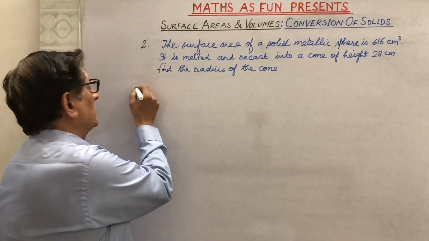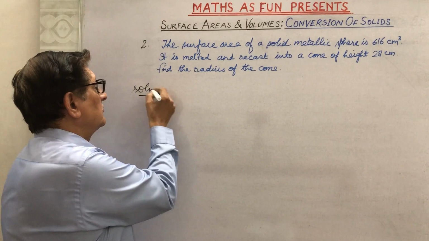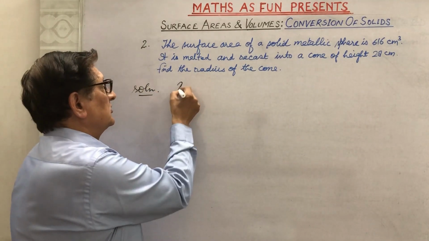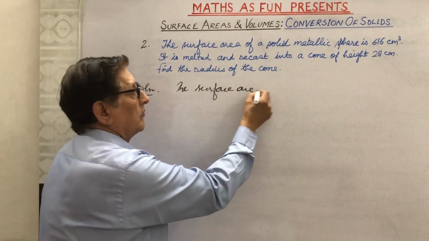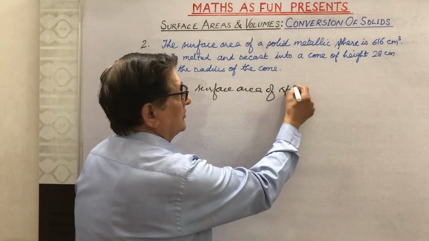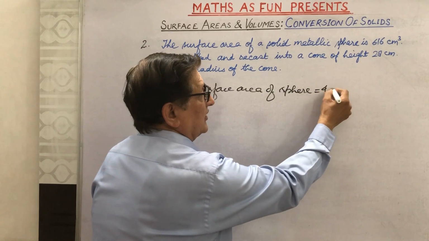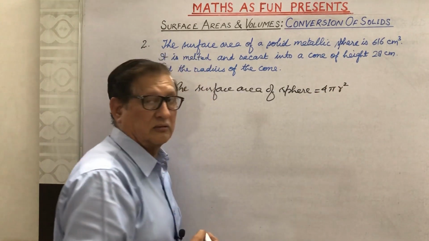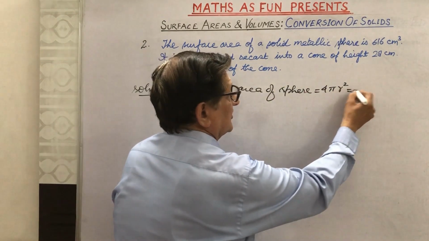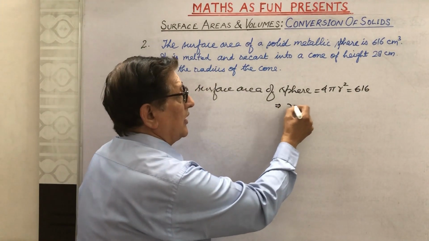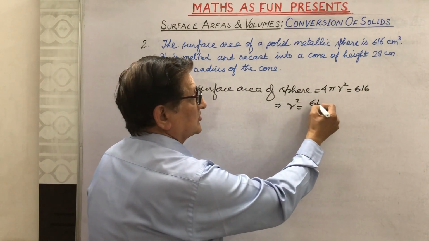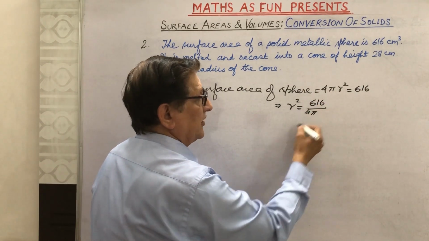So we write here for the solution, the surface area of sphere, we know the formula is 4 pi r square, and that is given as 616. Can we write here r square is equal to 616 upon 4 pi?